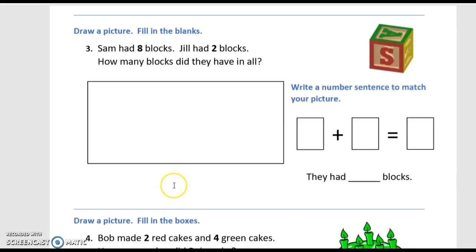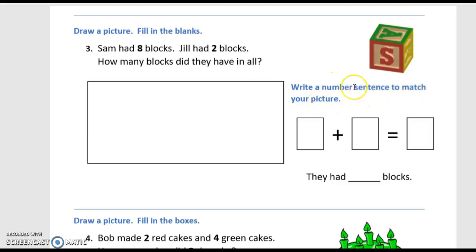Question number 3 says, draw a picture. Fill in the blanks. Sam had 8 blocks. Jill had 2 blocks. How many blocks did they have in all? Write a number sentence to match your picture.